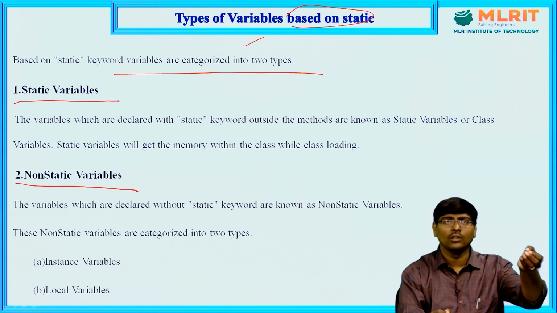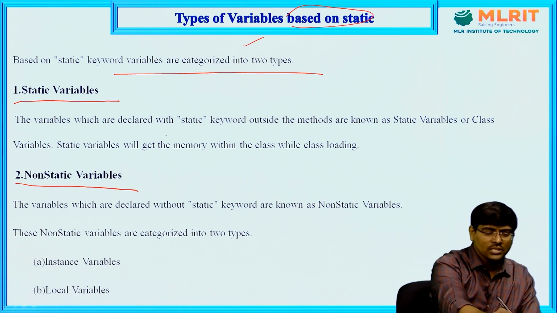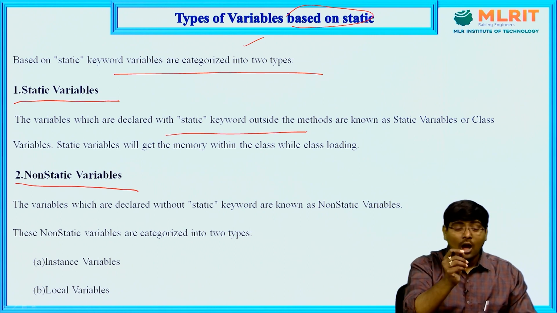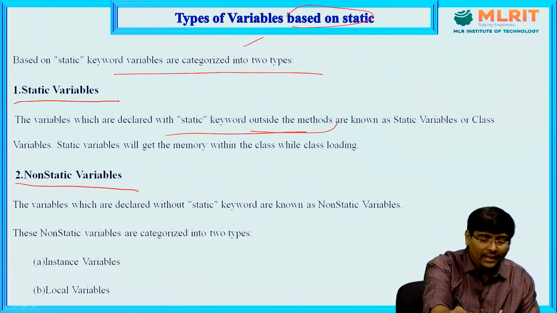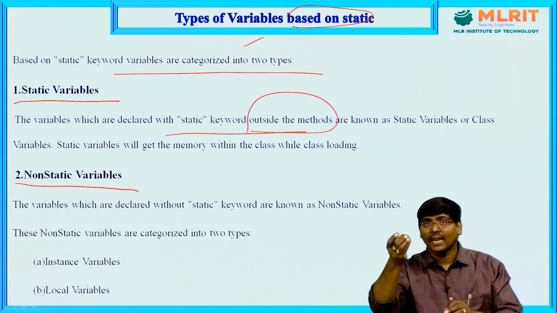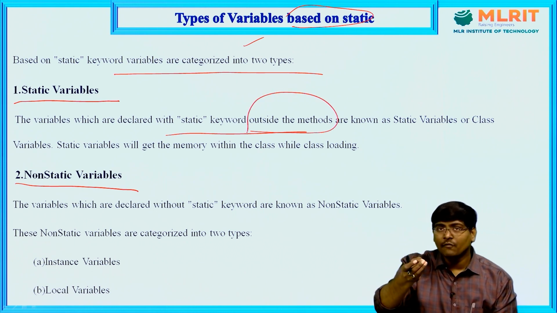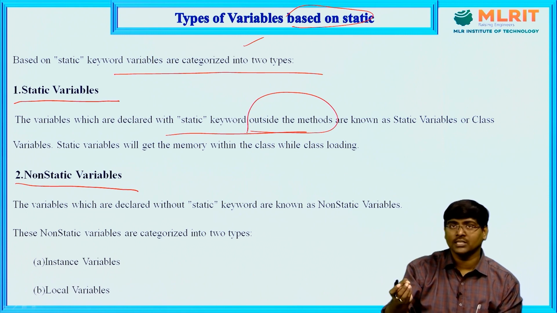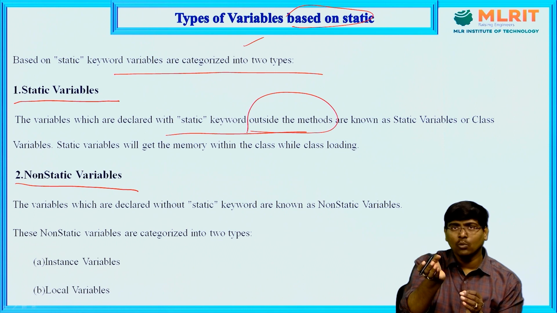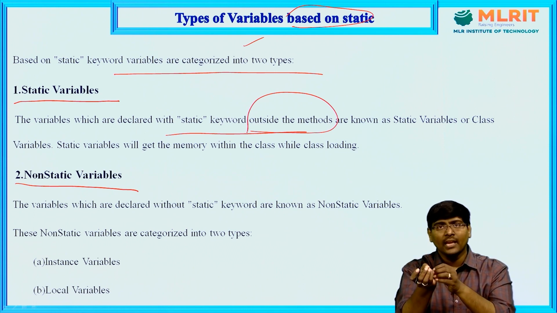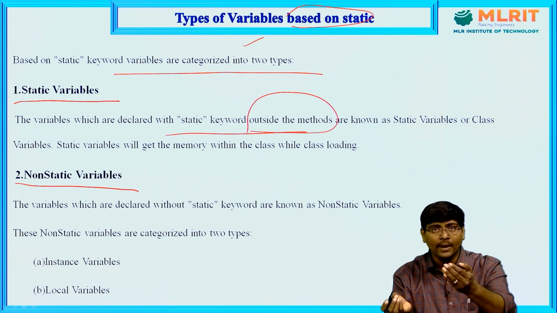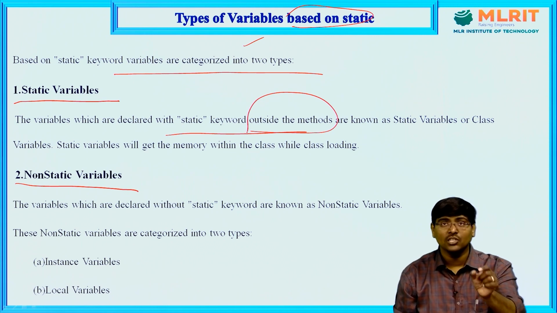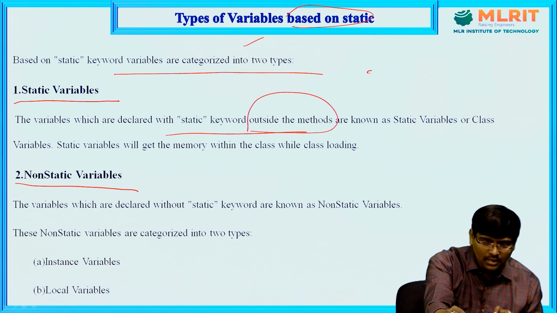You already know the meaning. Within a class, you can write the variables, you can write the methods, you can write the blocks. Any variable that is declared outside of the method, with the static keyword, is called a static variable. What is an example?